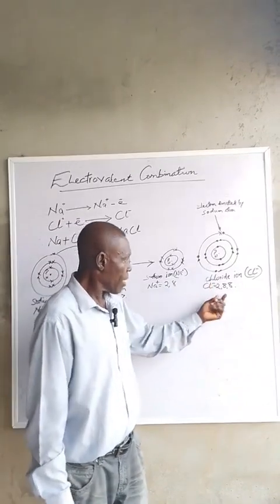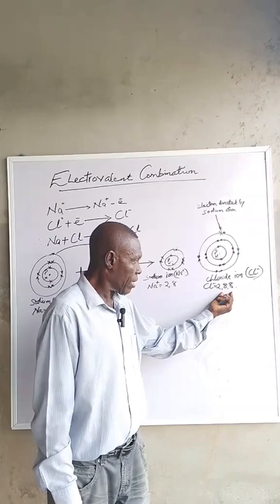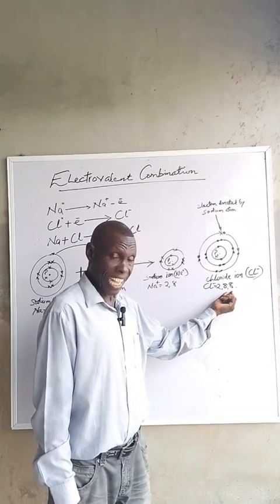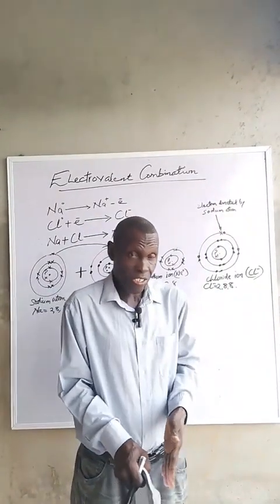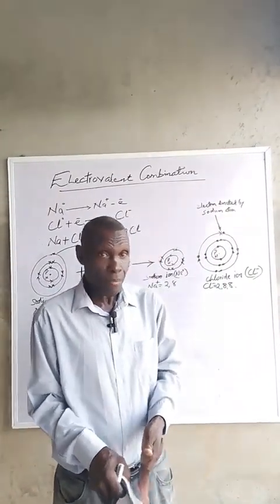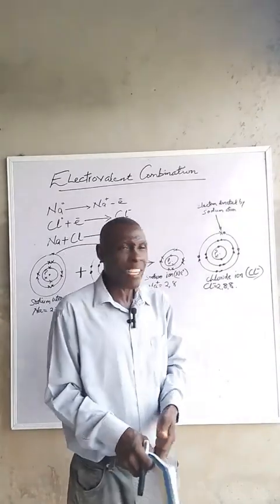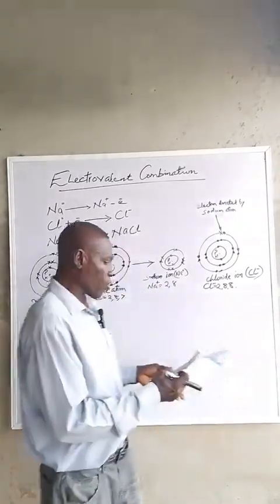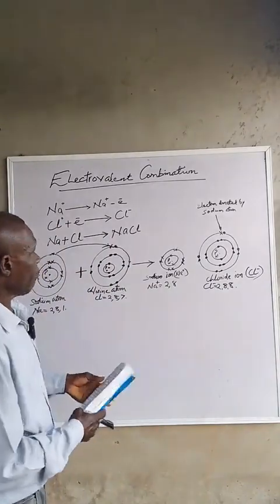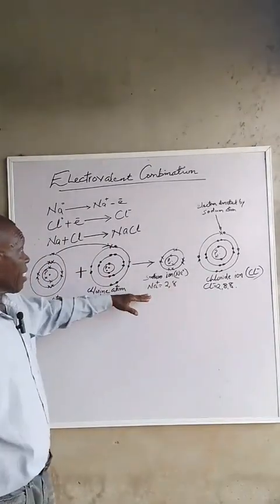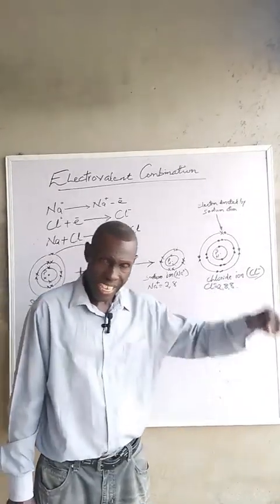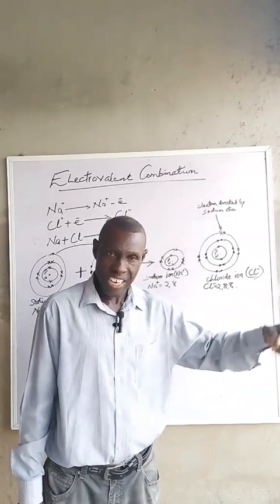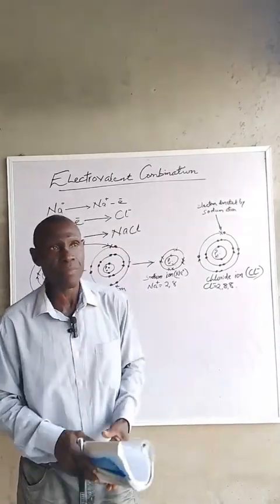Now, chlorine, having accepted 1, is now 18, that is argon. So by this transfer, they can now be in the electron octet, that is in the state of being noble. So they cannot get there without combination. So this is why combination is very important. So sodium and chlorine combine by this means in order to get to that position, which is called the electron octet.